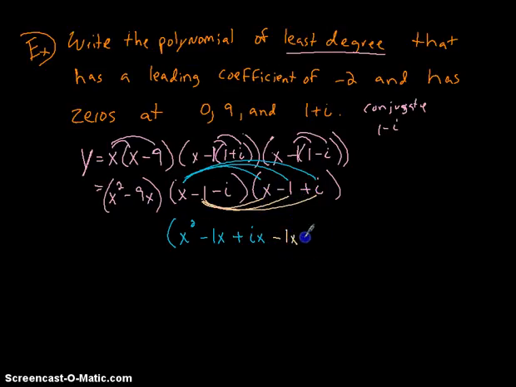Negative 1 times negative 1 is positive 1. Negative 1 times i is negative i. And the last part, distribute negative i to all those. Negative i times x is negative ix. Negative i times negative 1 is positive 1i. And negative i times positive i is negative i squared.